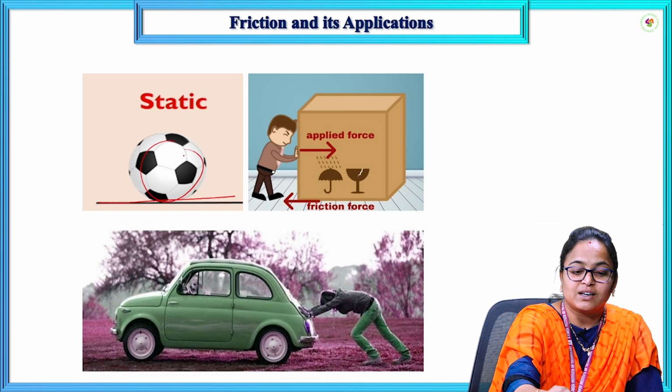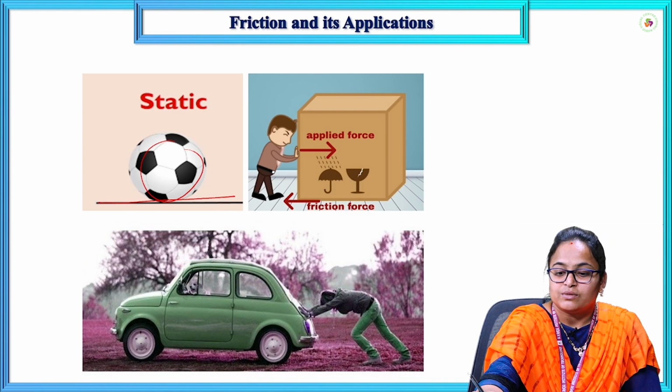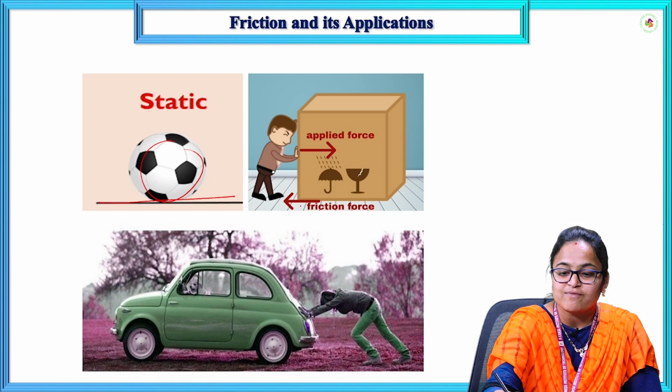Now we have some other examples. This is the floor, and this is the ball. This ball is at static condition when no applied force is acting on it. For example, this is a block. This boy is applying some force on the block, but due to the frictional force in the opposite direction of the applied force by the boy, the block is at static condition.